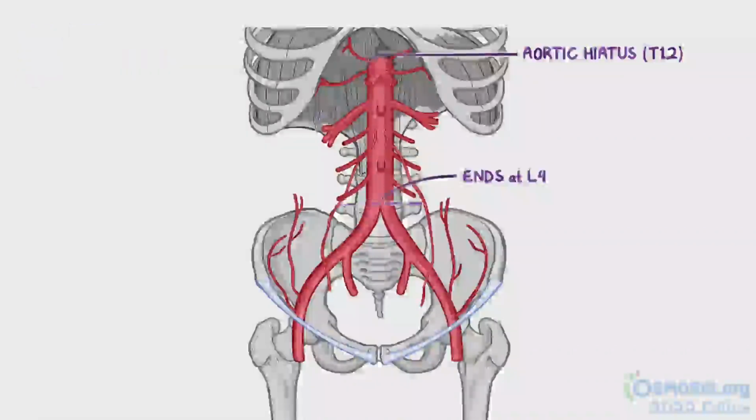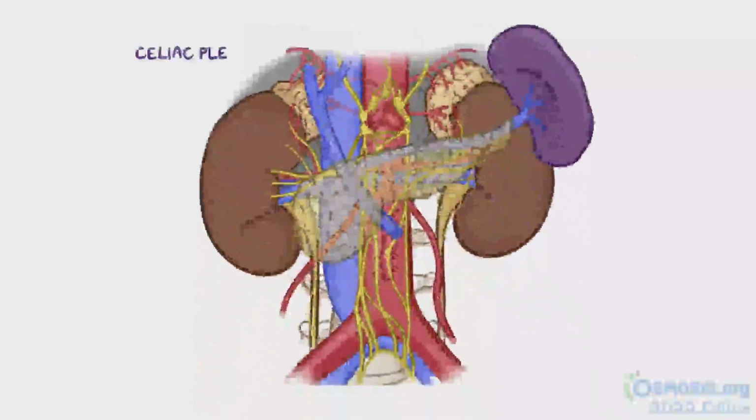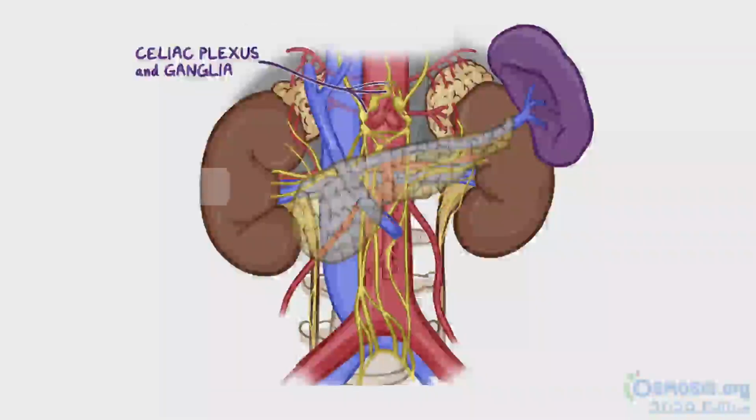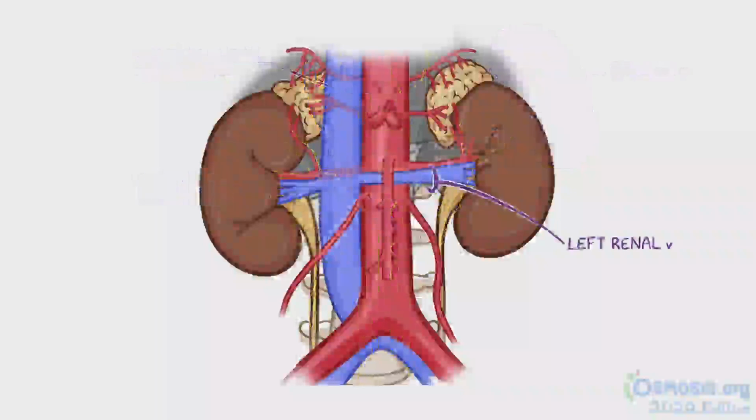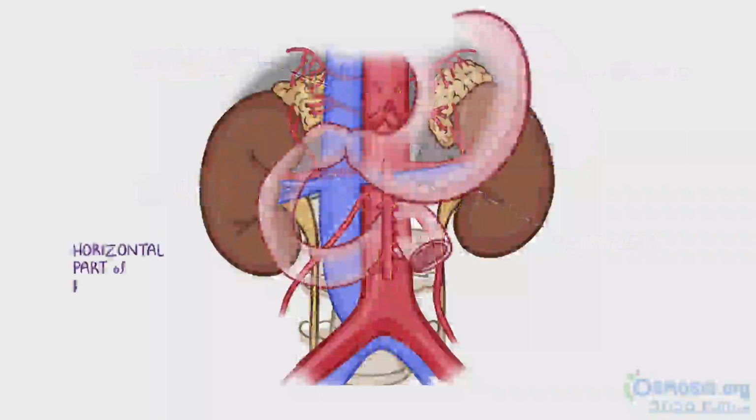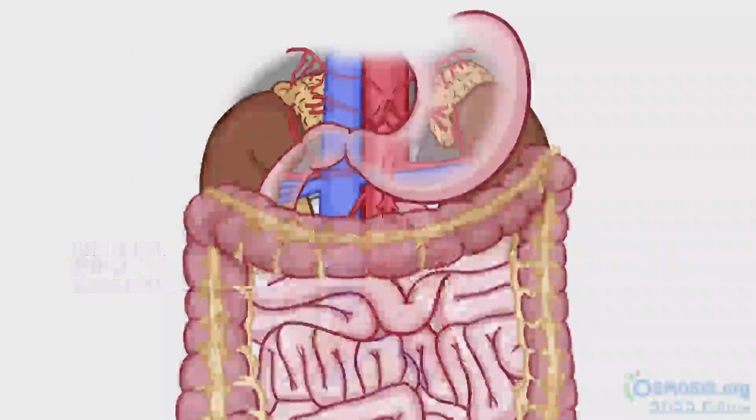From superior to inferior, the abdominal aorta has a number of structures associated with it anteriorly. These include the celiac plexus and ganglia, the body of the pancreas, the splenic vein, the left renal vein, the horizontal part of the duodenum, and the coils of the small intestine.